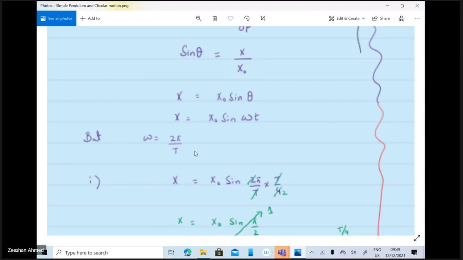So pi by 2 is equal to what? What is the value of pi by 2? 90 degrees. It is not rocket science. So it is x naught sine 90. And what is the value of sine 90? We all know that is 1. So x naught multiplied by 1 is x naught. Got it? Clear?